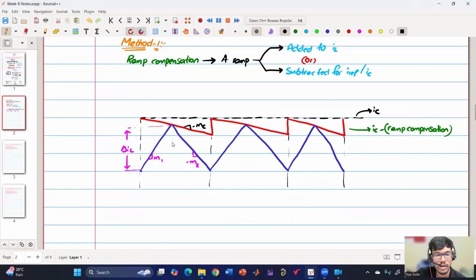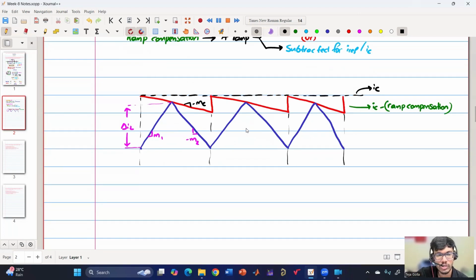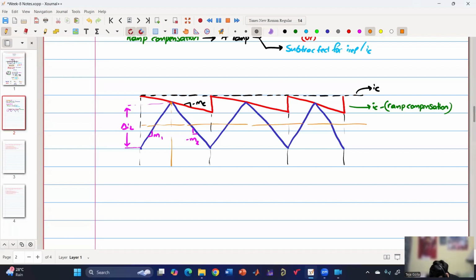Now we are going to calculate the average of the inductor current. We know that for a triangle waveform, the average passes through its midpoint, right? Everyone agree? Yes. So in order to get to the midpoint, first we need to find this point. We know that this is the on time, which is dt.